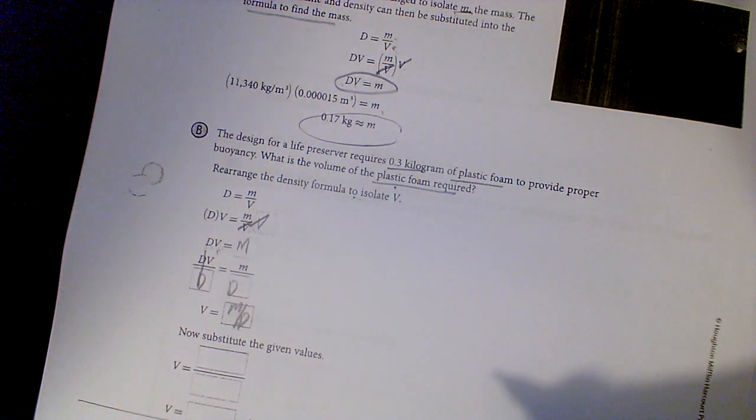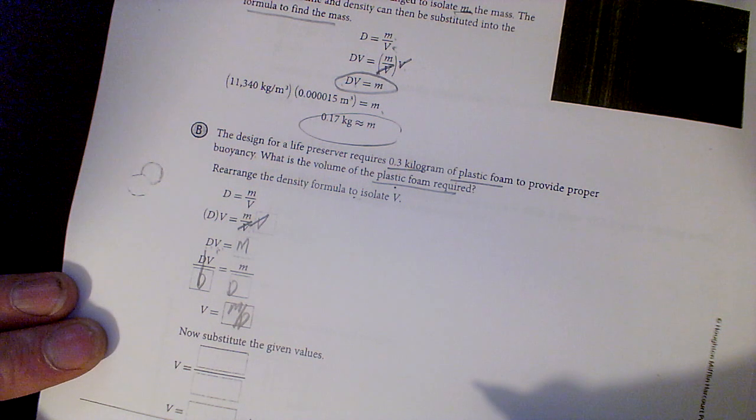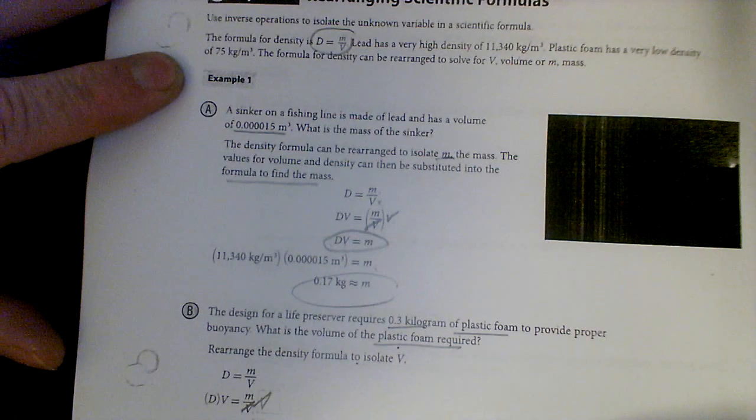Now substitute the given values. Well, let us see. Do we have it up there? Plastic foam, I think I see it up here. Plastic foam is written up here.